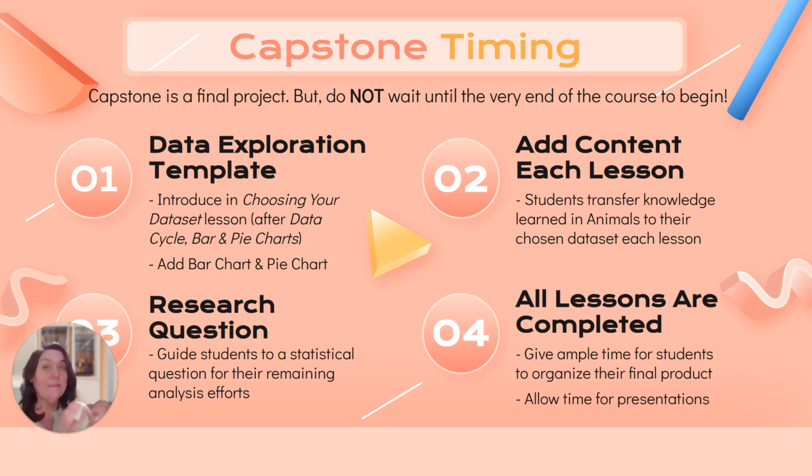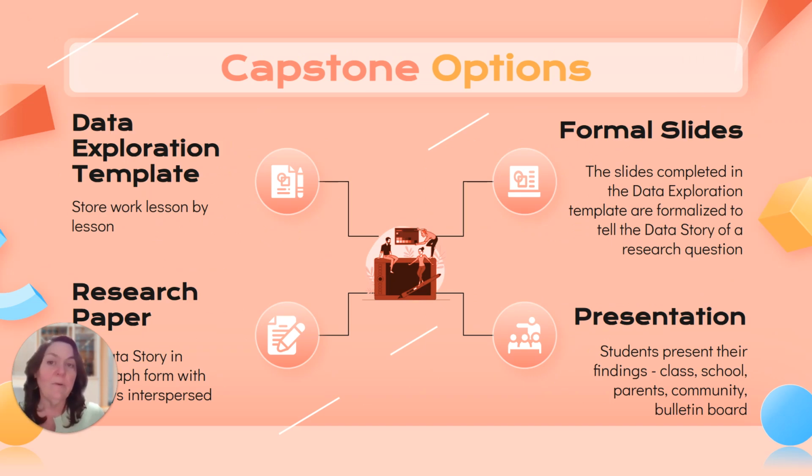And then once all of the lessons are complete, make sure you give them ample time to formulate this into a nice product and give them time for presentations. I'll go into more details on these 4 areas as we go through here. But let's talk a little bit about the different options of the product, if you will, before we talk about the timing a little bit more in those different 4 pieces.